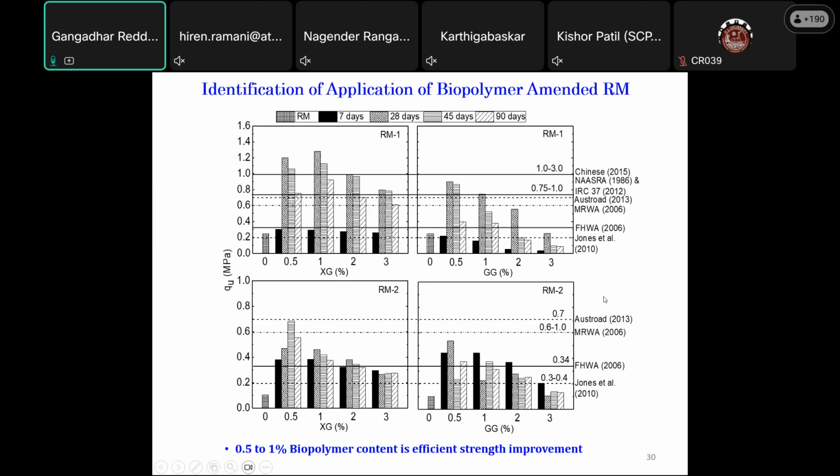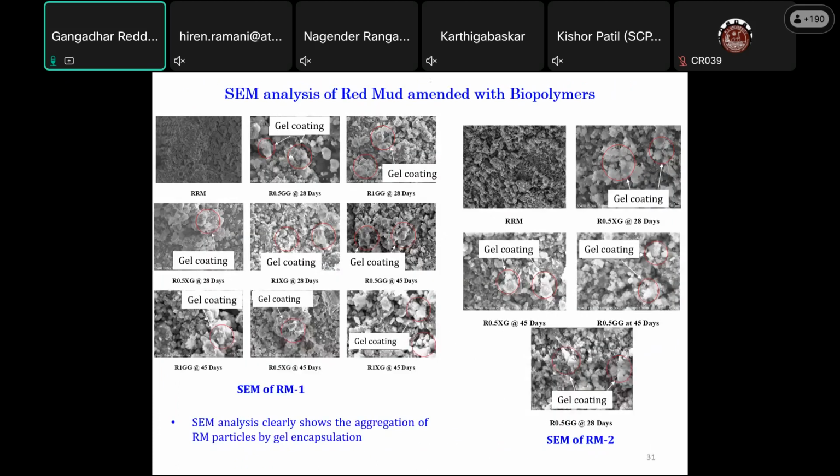The good thing about this red mud is they remediate the dispersion very easily. Here the SEM image shows that this is not a trinket structure, but a kind of gel coating. As I said, they form a kind of hydrogel bond or ionic bond, so it depends on the kind of biopolymer we are using.